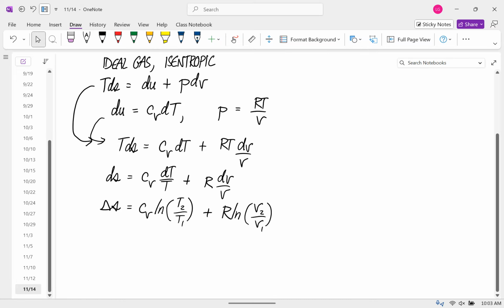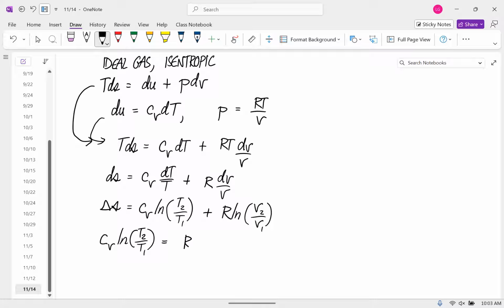And now it's isentropic, so we have that CV natural log of T2 over T1 is equal to R natural log of, I flipped the sign, so I'm flipping the V's, V1 over V2. Okay, so that's one of them.